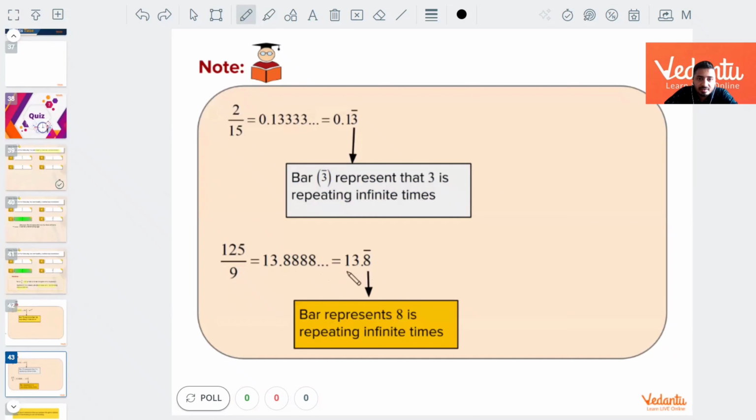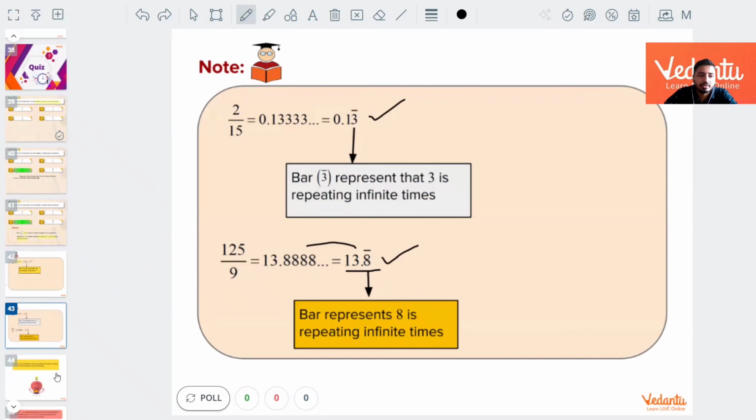So we can write it as 13.8 bar. Just write it like this. This is the most technical method to represent the decimal expansion. Clear? Anybody having any doubt? Just tell me yes or no. I hope it is clear to all.